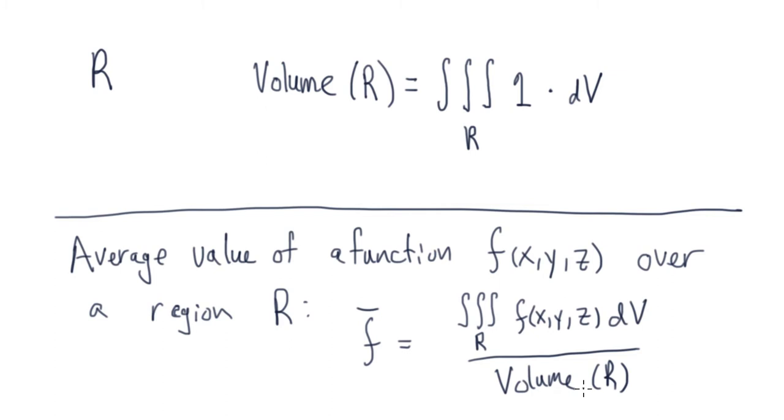Anytime you have a function defined over a space region, maybe it's an electric field or electric potential, you can find the average value. And it's a really useful application of the triple integral.